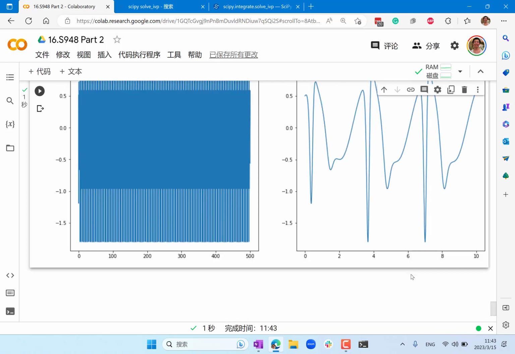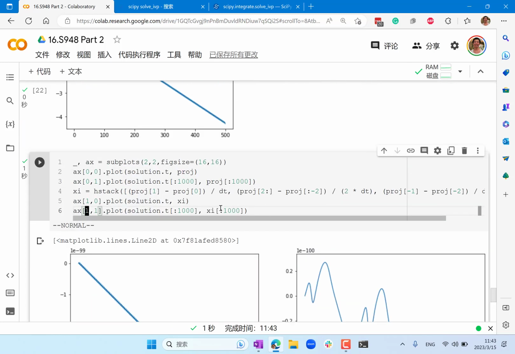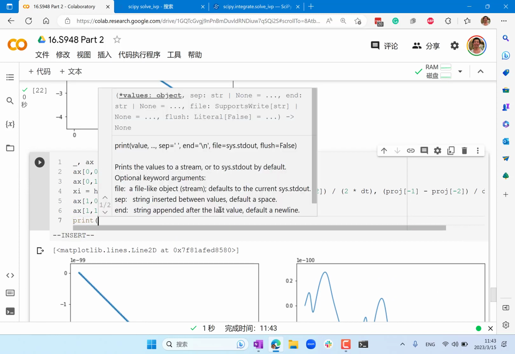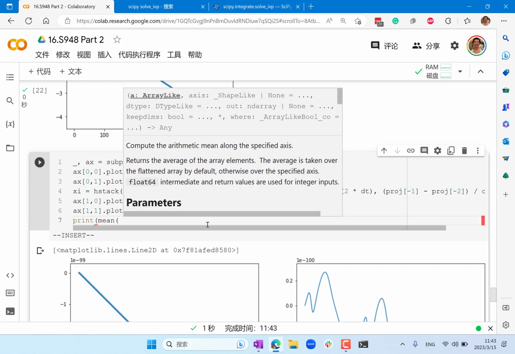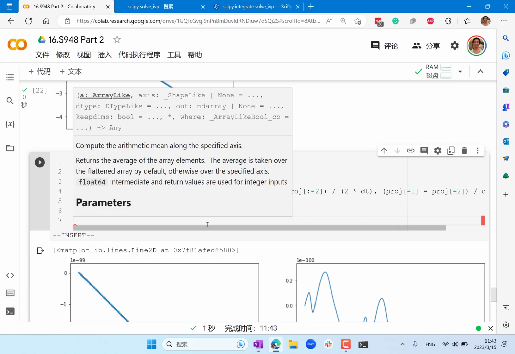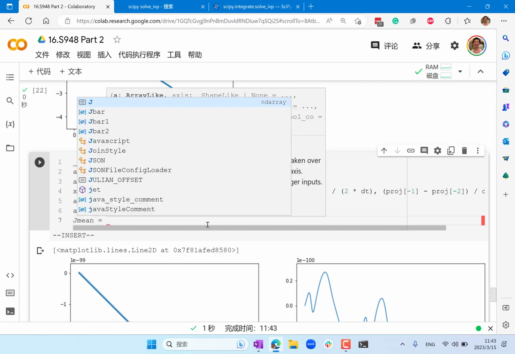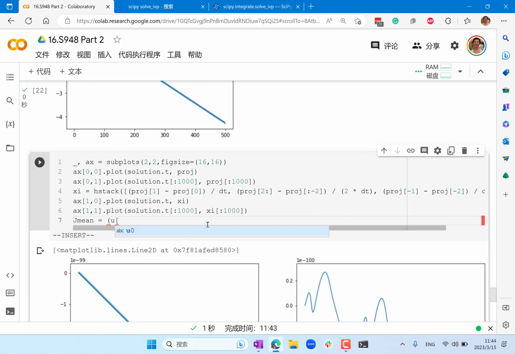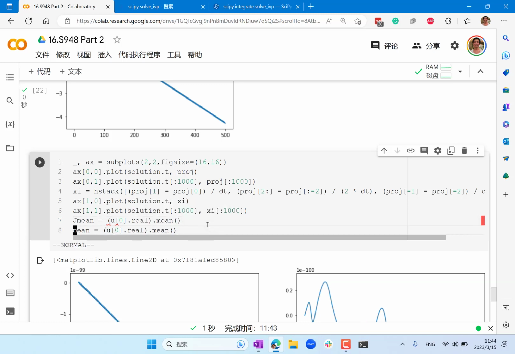And finally, let's compute the correlation, right? So print, how do we compute the correlation? Let's compute j mean, which is equal to u0 dot real dot mean, and compute xi mean being xi dot mean.